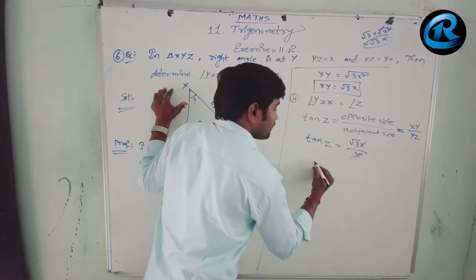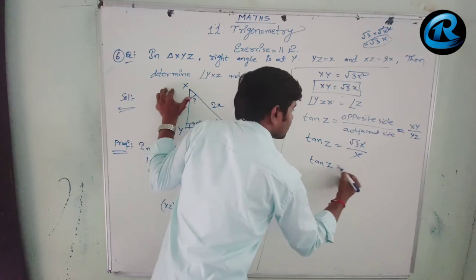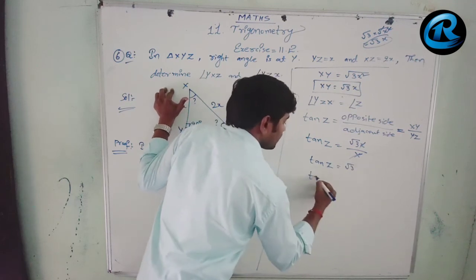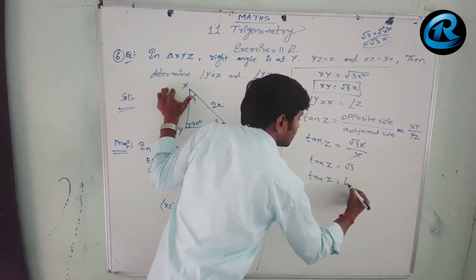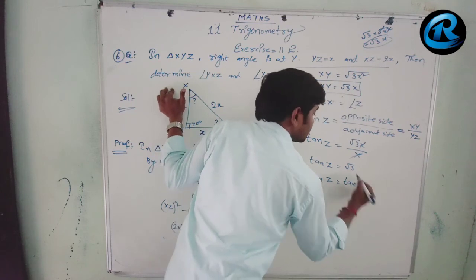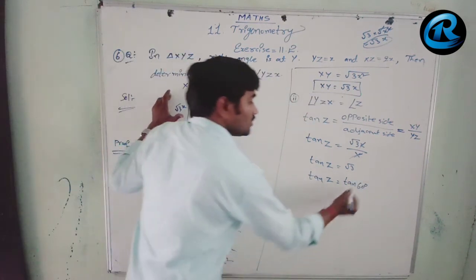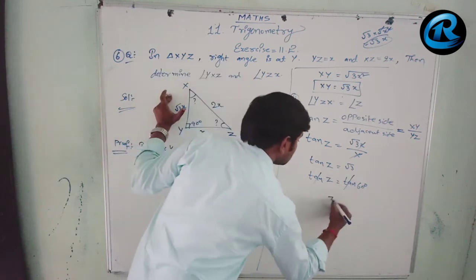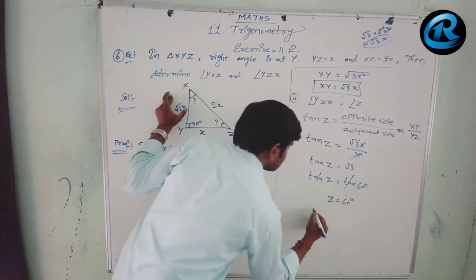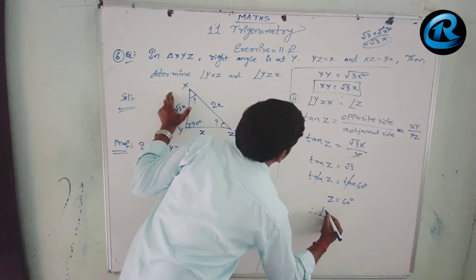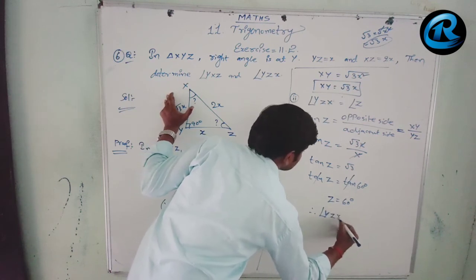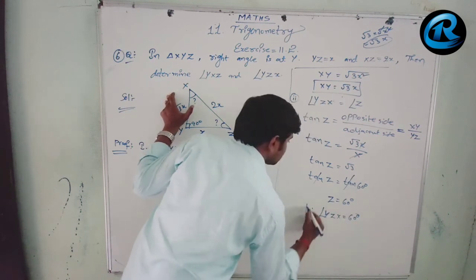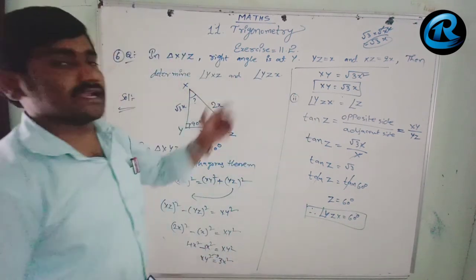X gets cancelled. So tan z equals root 3, which is tan 60 degrees. Root 3 value is tan 60. I have written it in terms of tan because I can cancel the tan on both sides. So z equals 60 degrees. That means angle YZX is equal to 60 degrees. Hence we got both the angles also.